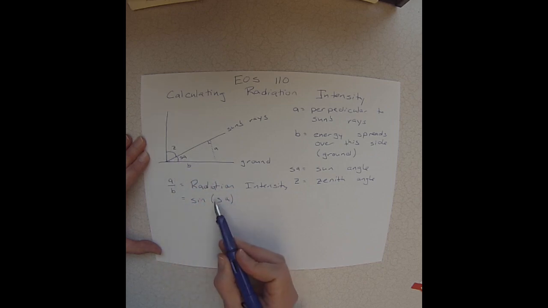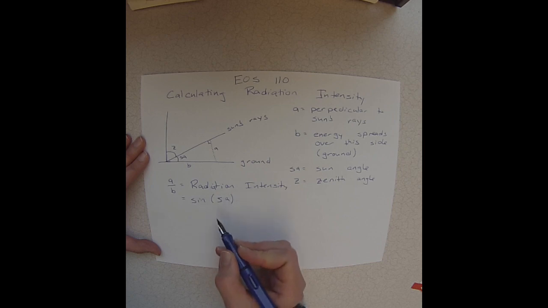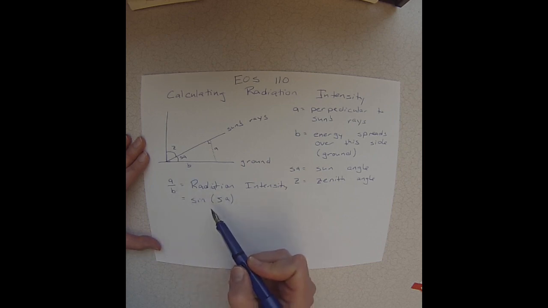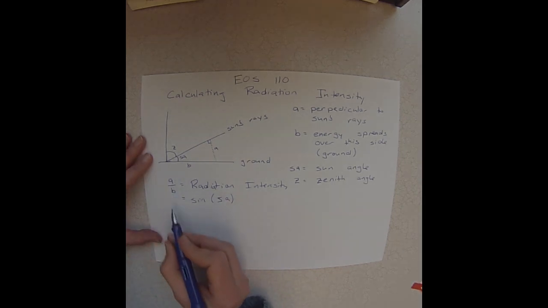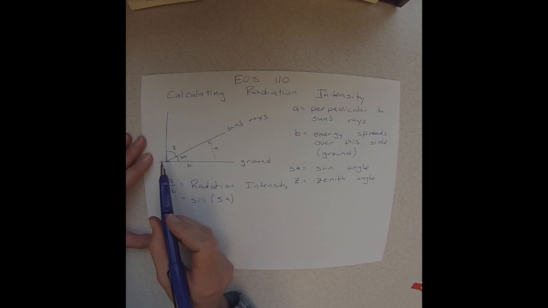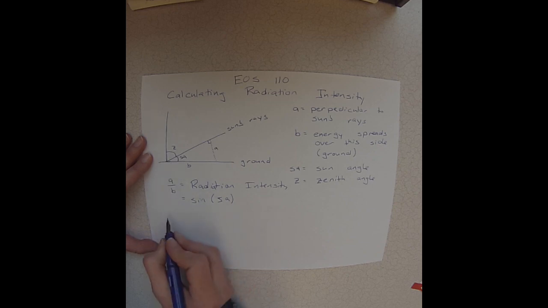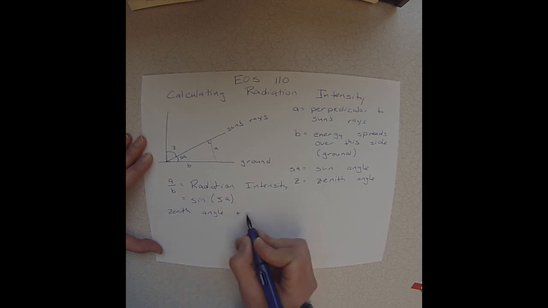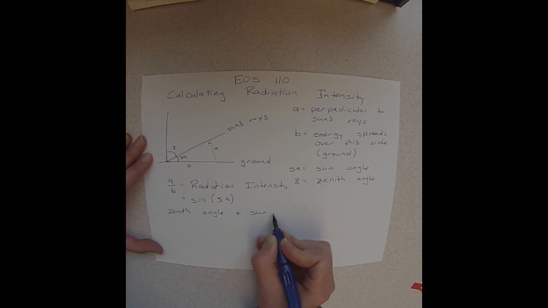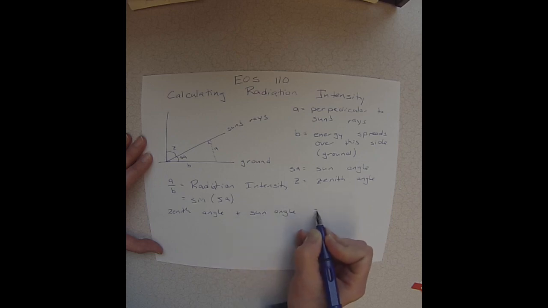So if we know what that sun angle is, then we can calculate the radiation intensity. There's another relationship here: the zenith angle and the sun angle have to add up to 90 degrees because the pole makes a right angle to the ground. The zenith angle plus the sun angle equal 90 degrees.